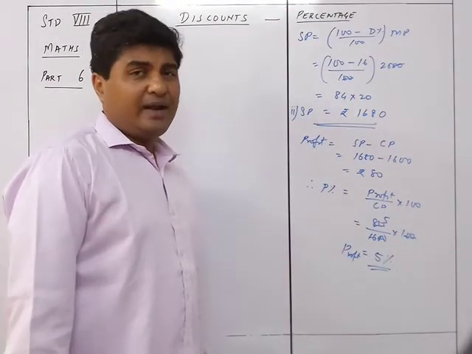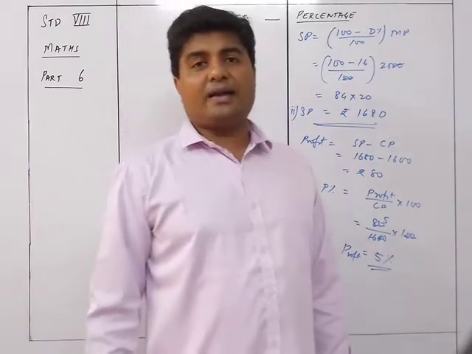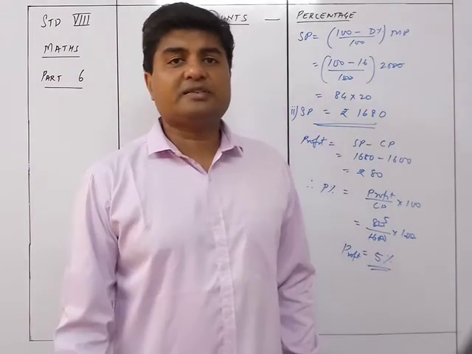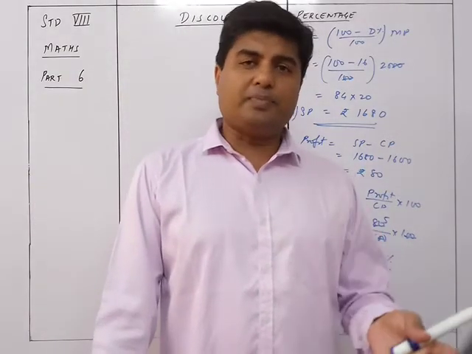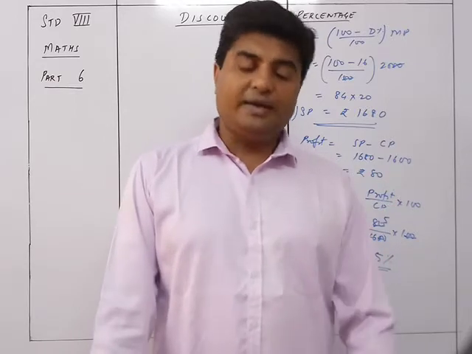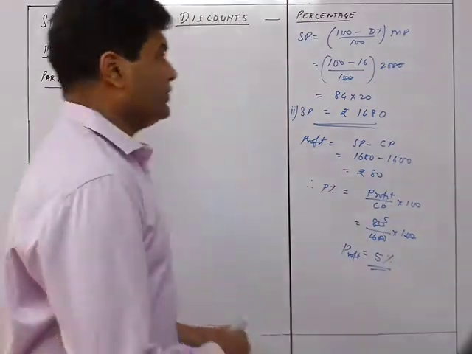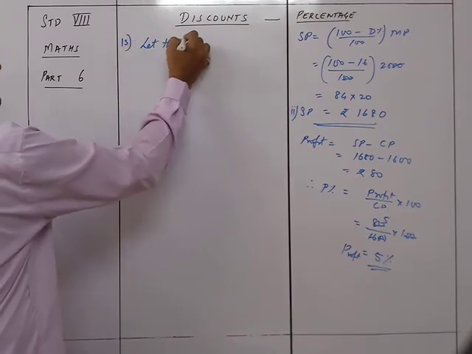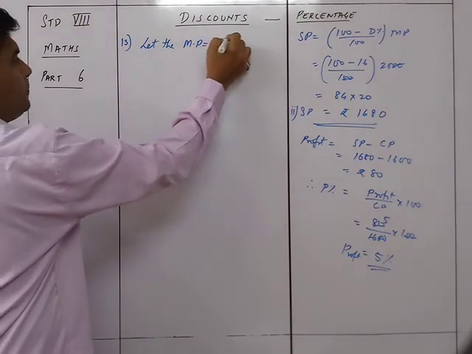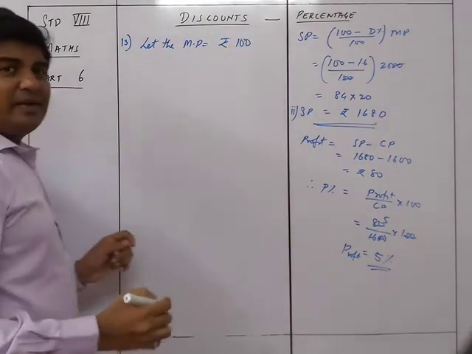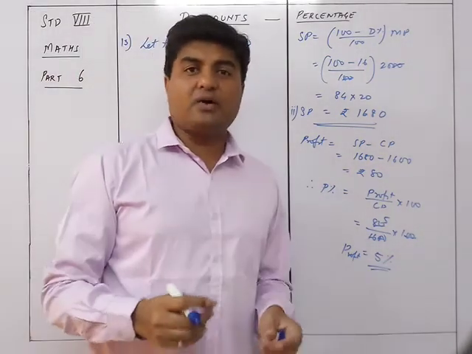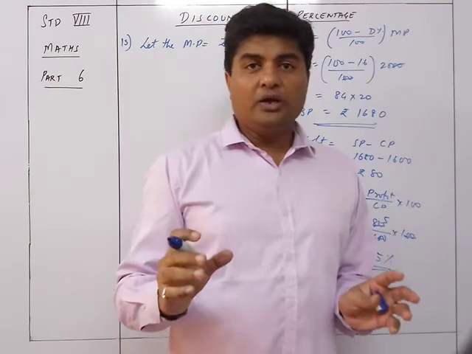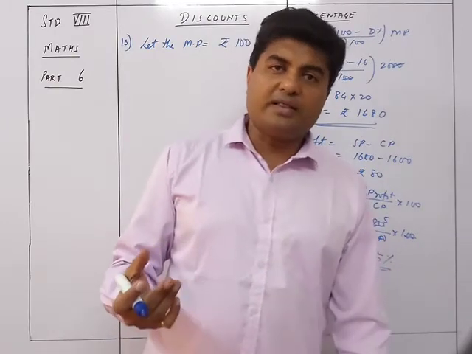That means if I take an article and have a discount of 30% and then another 10%, what is the final discount I'm getting? So we will take the mark price as rupees 100, so that whatever answer we get from the successive discount is the actual amount you are paying.